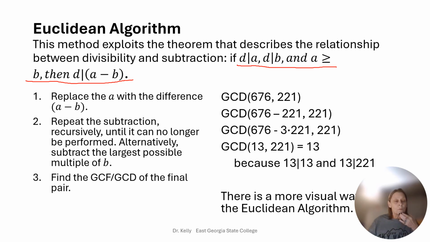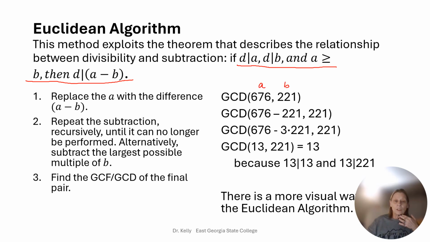Here's kind of what the rundown is. The first step is we replace A with the difference A minus B. So let's look at what we have here.